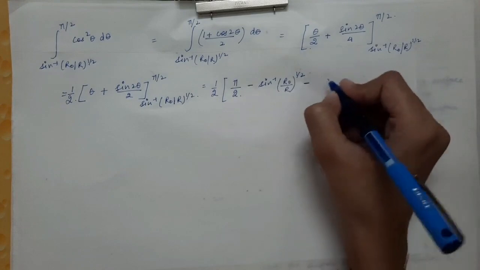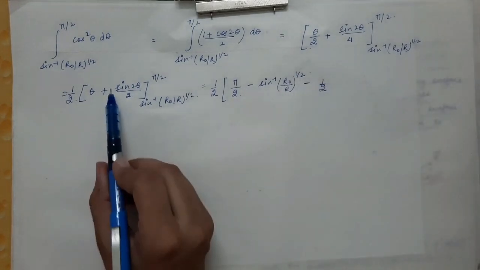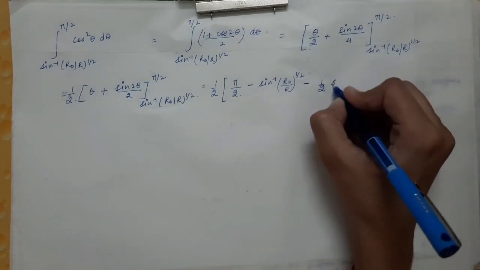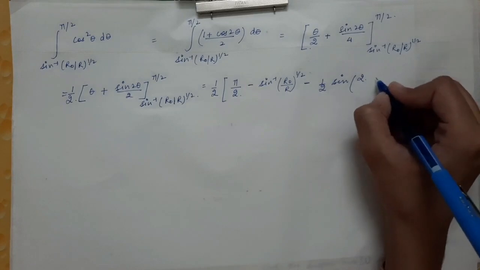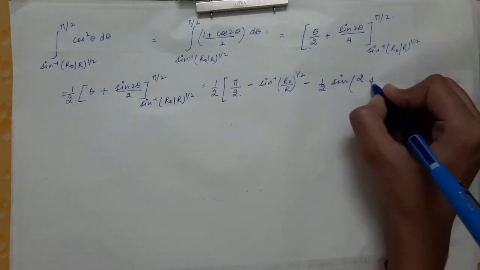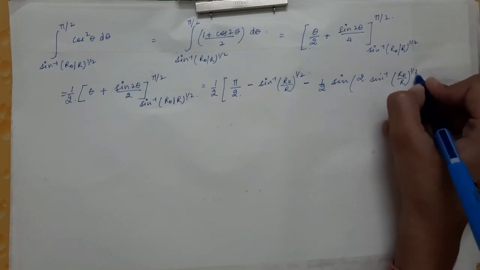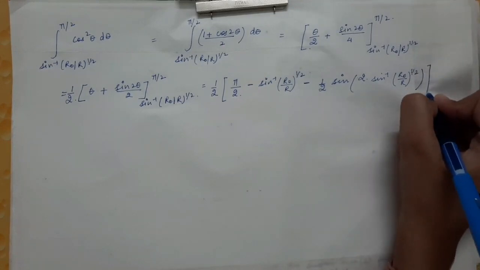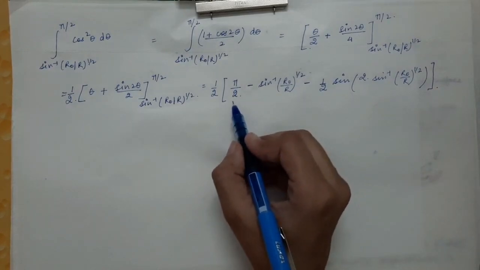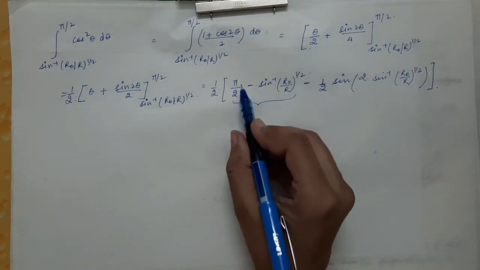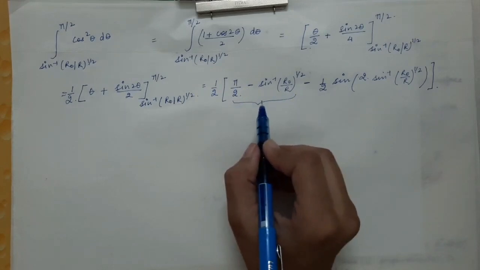So that will be equal to minus of 1 by 2, 1 by 2 will remain as it is, then sine of 2 theta. Now lower limit of theta is sine inverse of (r naught divided by r) power 1 by 2. Now what is pi by 2 minus sine inverse theta? It is nothing but cos inverse theta.